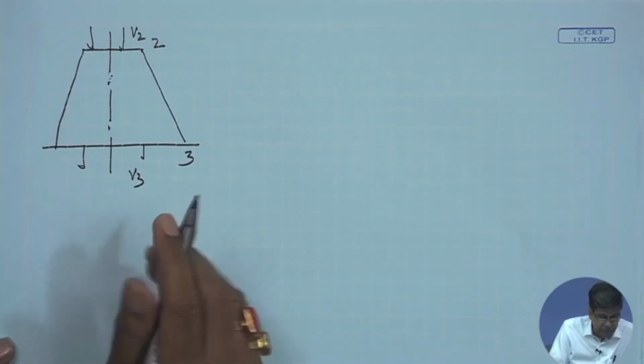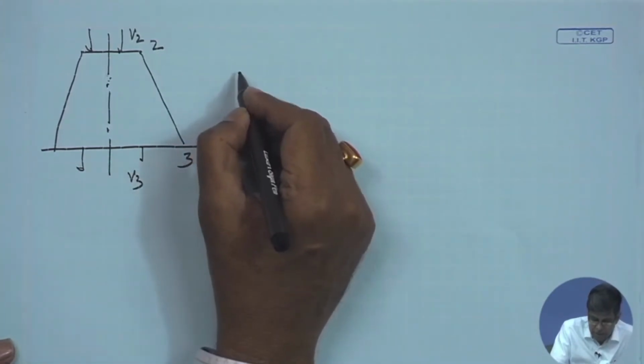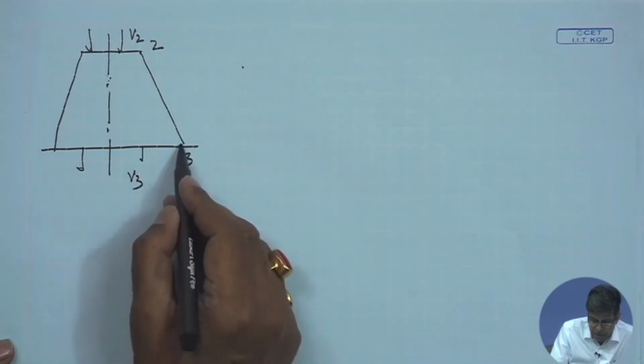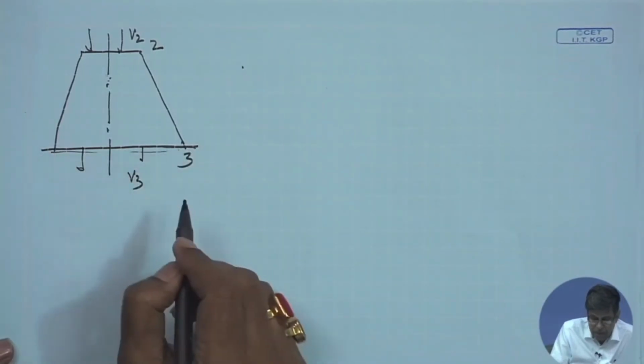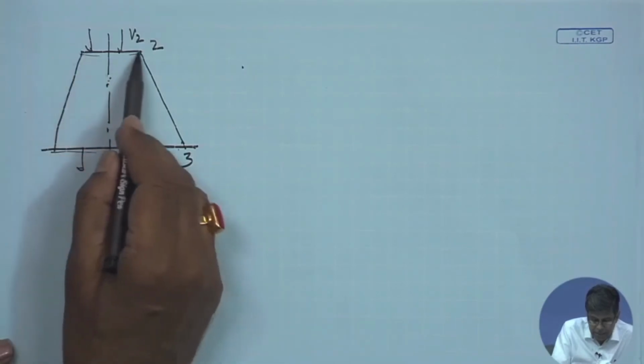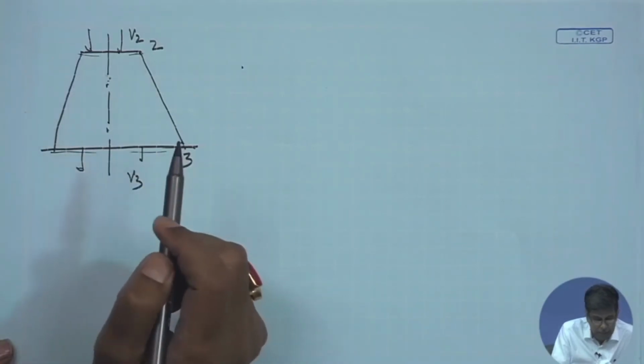Now, to avoid cavitation, this section pressure should be higher than the vapor pressure.